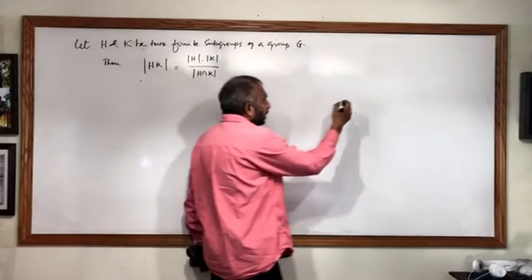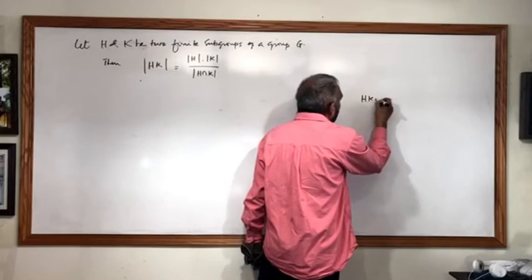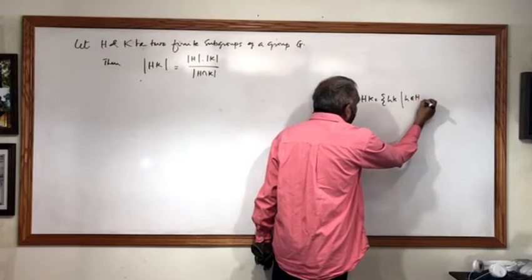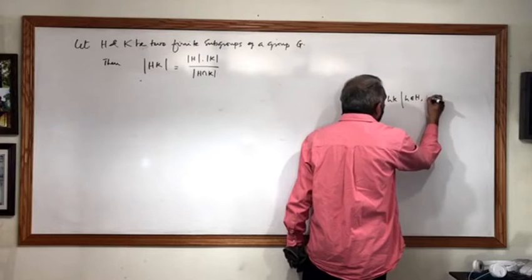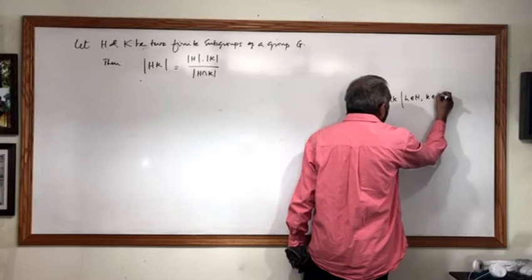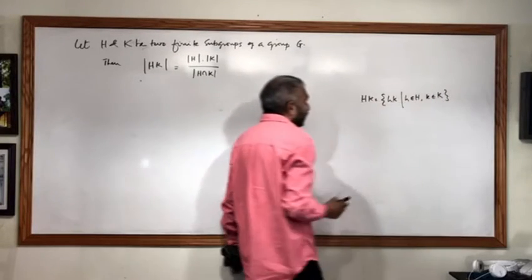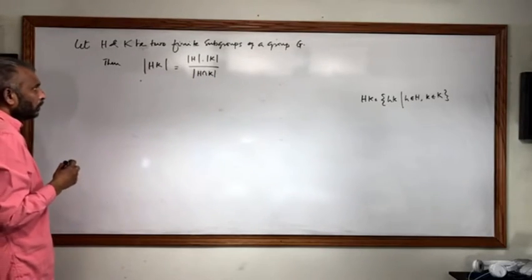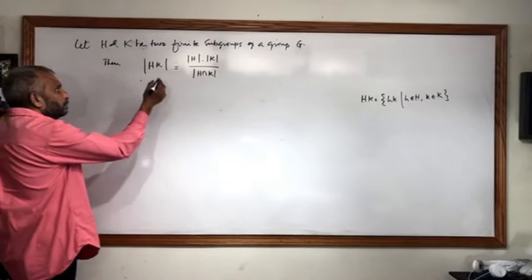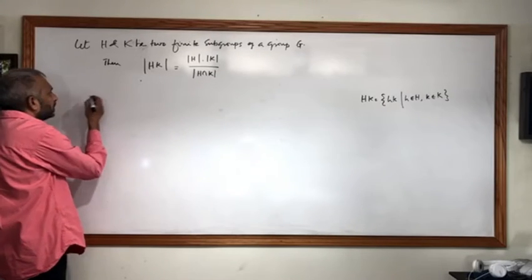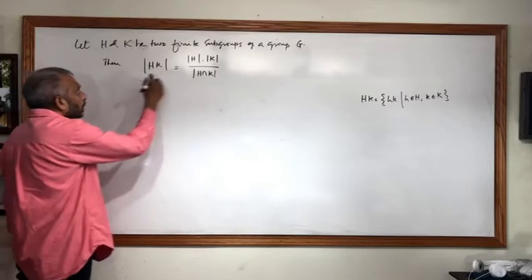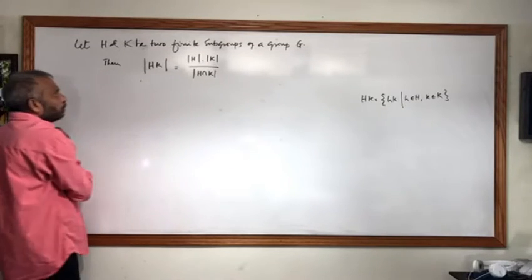HK is defined as hk where h belongs to H and k belongs to K. It does not need to be a group always. So this is a very simple result, but we are going to use this, so I thought we'll prove this one.